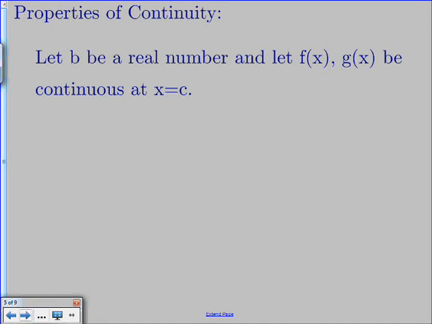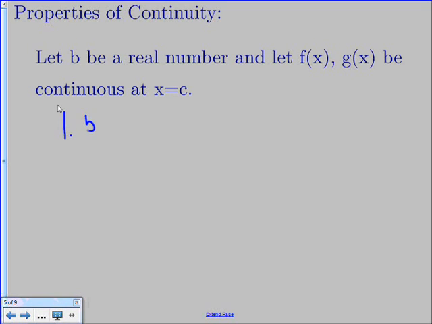So the first thing we want to talk about is the properties of continuity. So we're going to have to define some things first. So to look at the properties, we want to let b be a real number, so any number that you know of, and then we're going to let f of x and g of x be continuous functions at the point x equaling c. So when all that is true, 4 different properties come out.